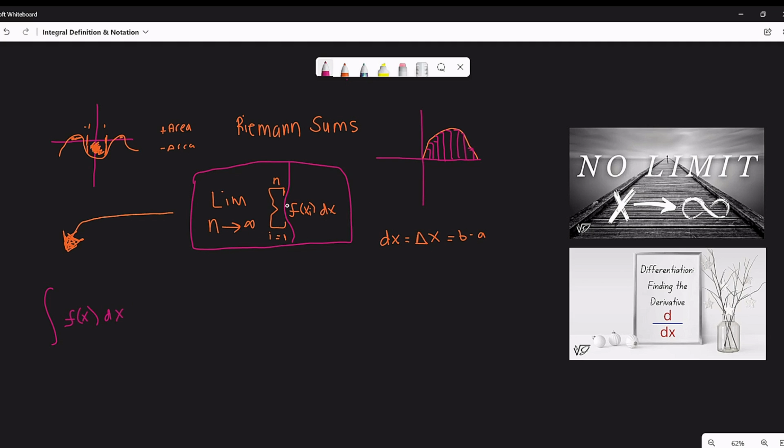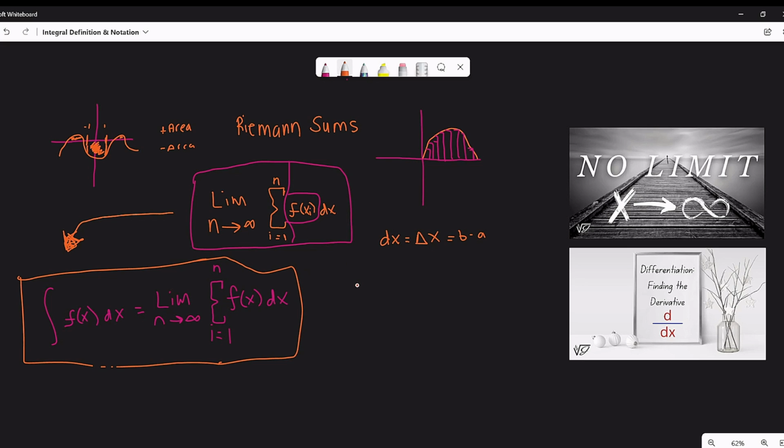Now technically I kind of broke it up just so we could see it, but technically it would include this part too. But so the integral of f of x dx is equal to the limit as n approaches infinity of Riemann sums. These are the same thing for a given function f of x dx. And so we have the integral.